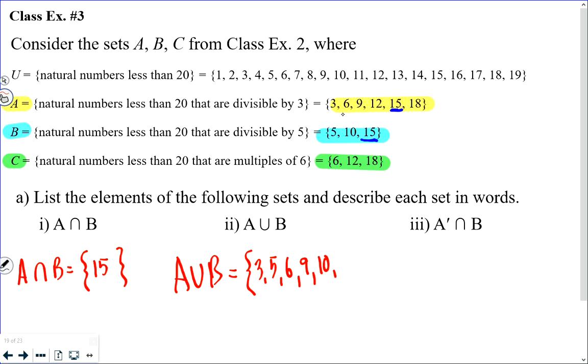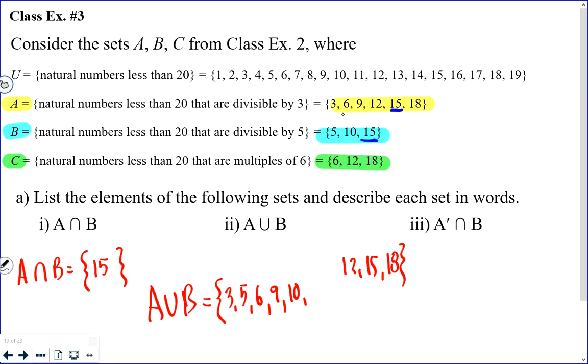There's a 12, a 15, and an 18. And a lot of numbers swirling around, so I just want to take a minute and double check my work. 3, 6, 9, 12, 18. We also have 5, 10, and 15. Looks okay.